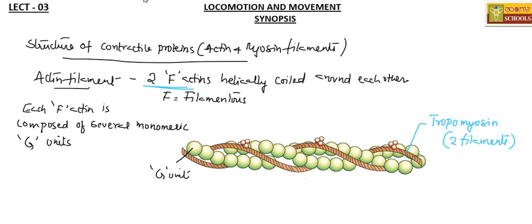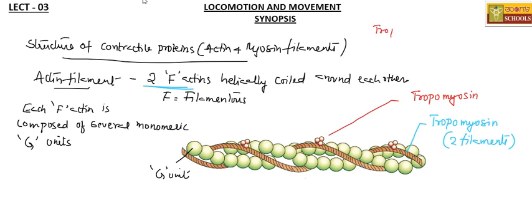So there is a troponin protein attached to the tropomyosin. This tropomyosin is seen attached to the troponin, not to the F actins.